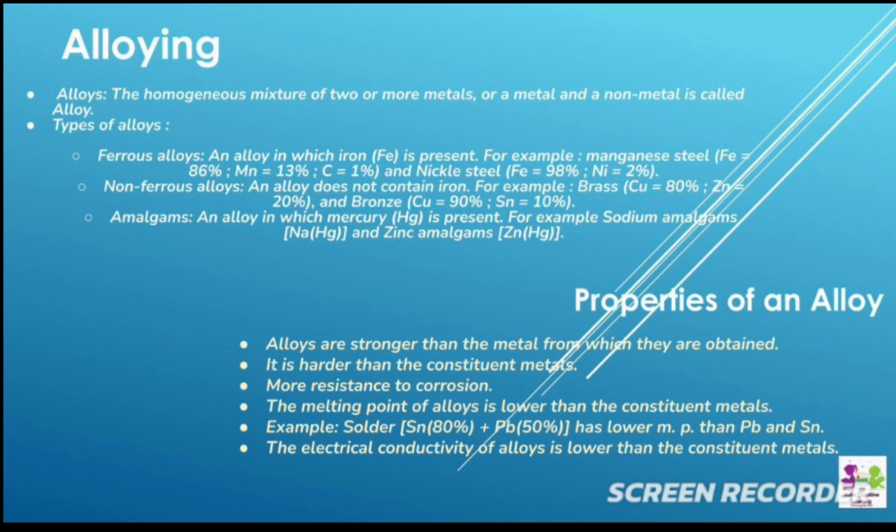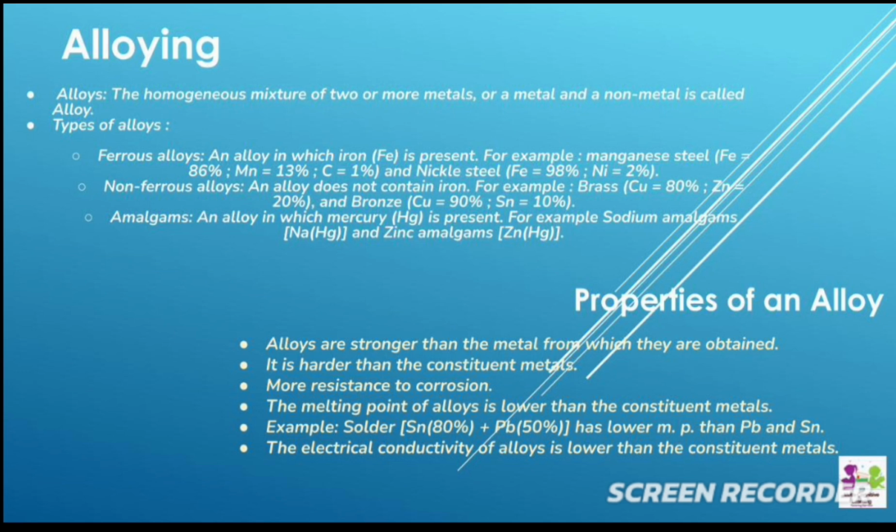Take for example soldering. If you look at the electric circuits on any of the electronic instruments, you can see that they combine two wires using solder. Solder has a lower melting point.